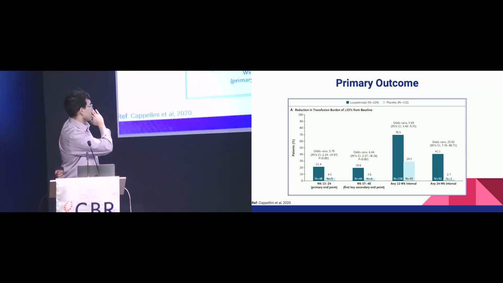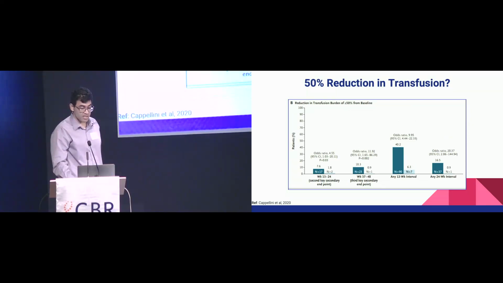Of note, if you looked at any 12 or 24-week interval in the trial, those numbers changed. It was more like 70% of patients had a response to luspatercept compared to 30% in the placebo arm. Some patients even experienced a 50% reduction in their transfusion burden. Much smaller amount, but again, something like 7 to 10% of patients on luspatercept had their transfusion requirements cut in half.